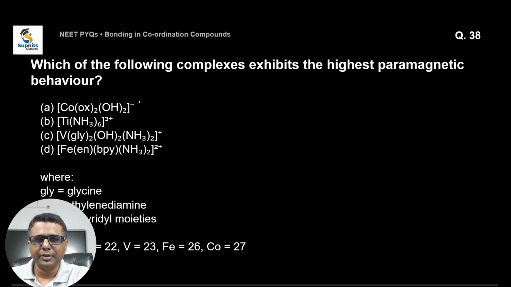I'll do this. Okay. First of all, let us find out what is the oxidation state over here. Oxalate is having -2, so here it will be -4. OH again, so -2 should be equal to -1. So x will be equal to 5. Generally cobalt doesn't give +5.